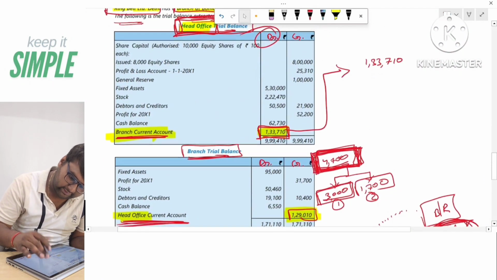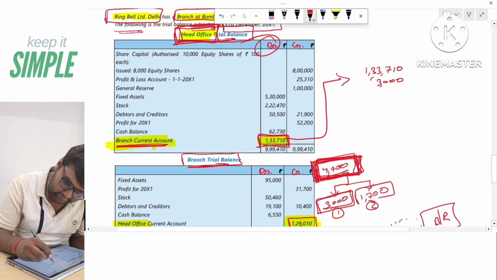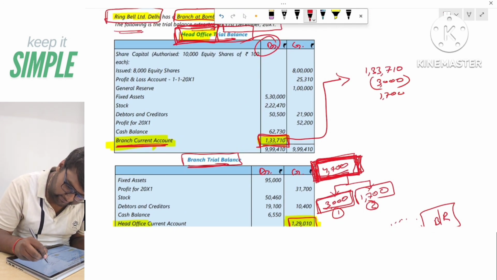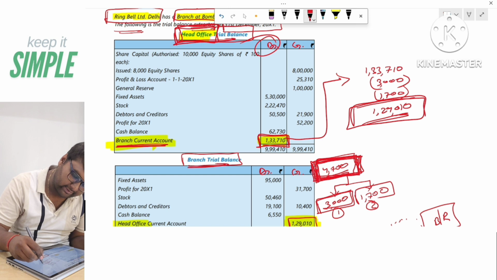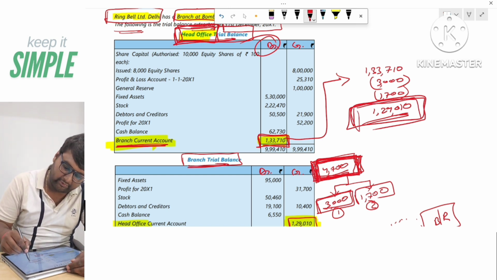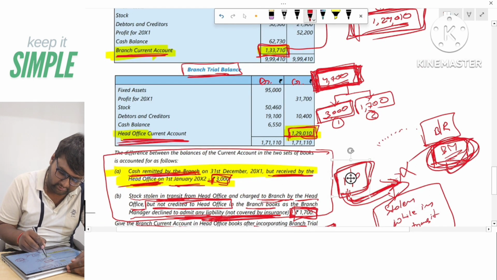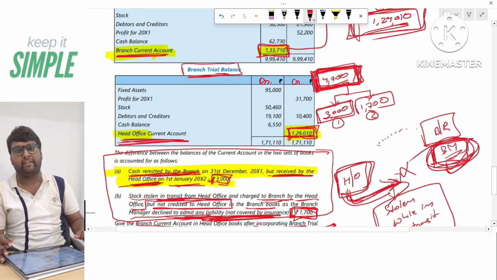So we have credited, which means it will be subtracted, 3,000 and 1,700, and it will land up to 1,29,010. So now see if the balance has been reconciled or not. So here the balance is 1,29,010, and here also 1,29,010. So our very first step is finished.